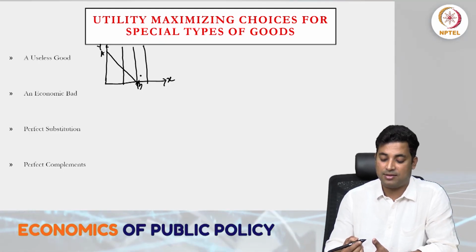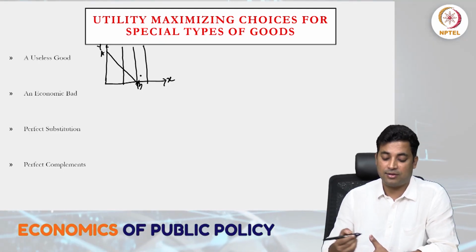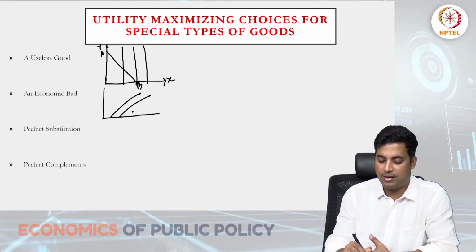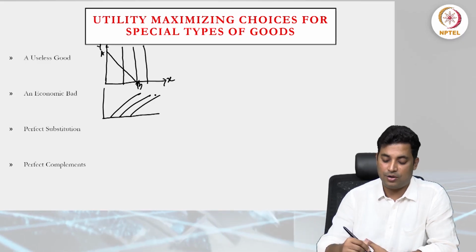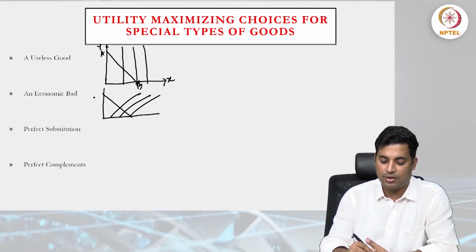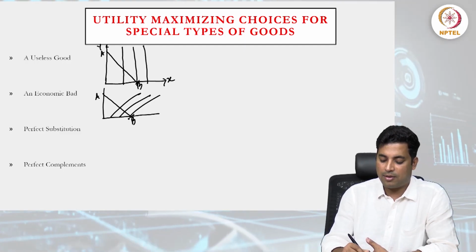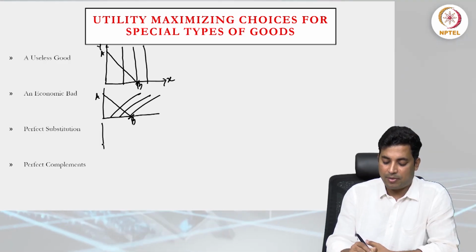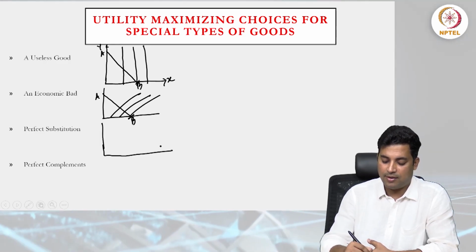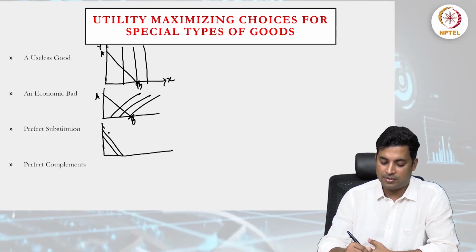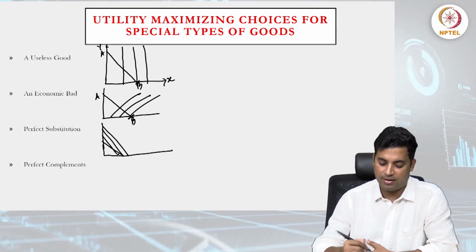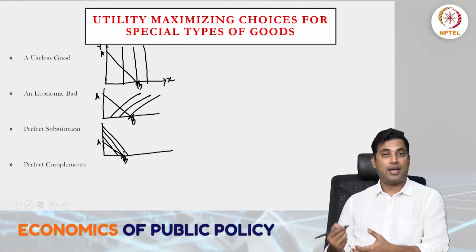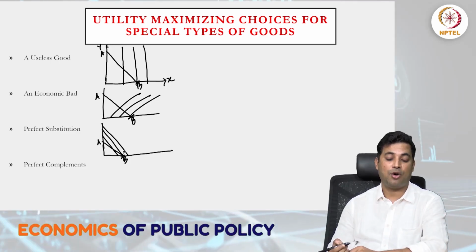utility is getting optimized. Even in other special cases, like economic bad, say this utility curve as we already know, and here is the budget line. So here at point b again, utility is getting optimized. In case of perfect substitution, say utility curves are this, but then if the budget line is this, again budget line a b, and at point a utility becomes optimized.